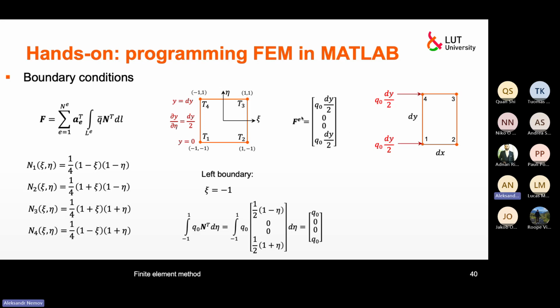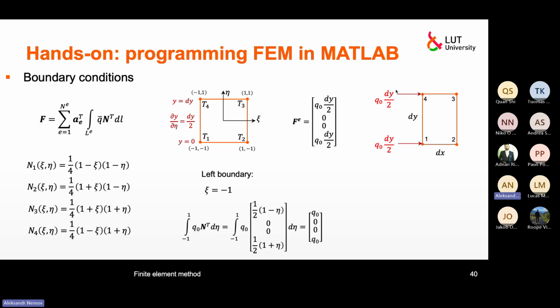Physically or mechanically, I don't know, it corresponds to two values applied to these two nodes, this one and this one. And if you look at those values, they are made as a value of the heat flux times half of the length of the element in this direction.